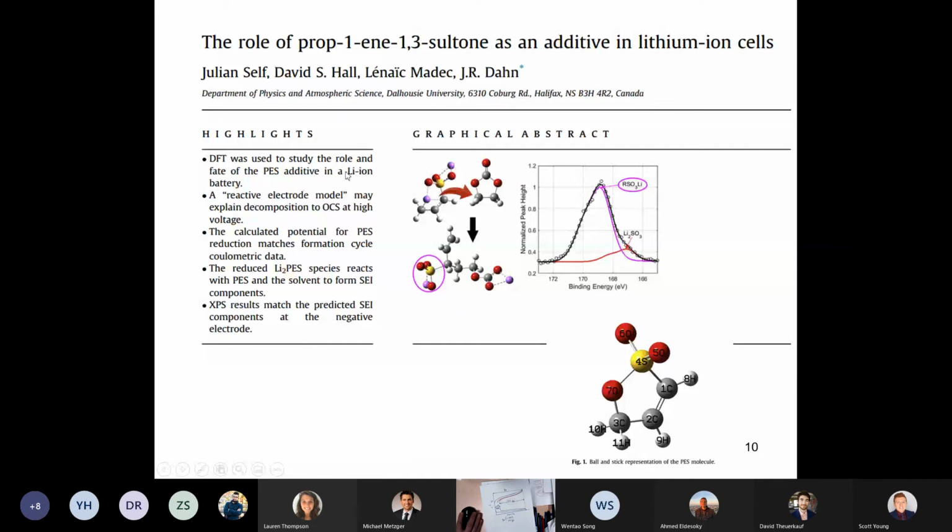So when you include a sulfur-containing additive in the electrolyte, you get sulfur atoms in the SEI, and that changes it very differently compared to in the absence of sulfur-containing materials. There are lots and lots of papers in the literature from many groups that talk about the impact of additives on the chemistry of the SEI.